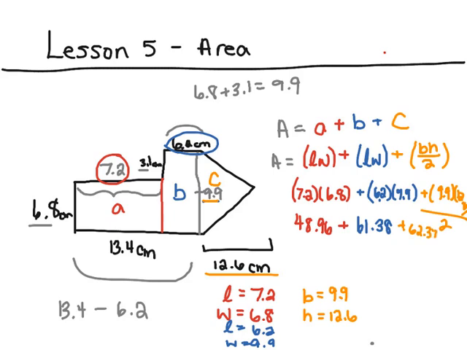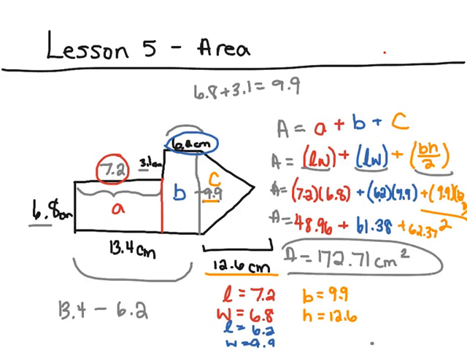Our last step is to just add these 3 numbers together. So 48.96 plus 61.38 plus 62.37, and you get all together the area to equal 172.71. Now because we're dealing with area, we call this centimeters squared. Because we times everything by 2 centimeters, it turns into a centimeter squared.